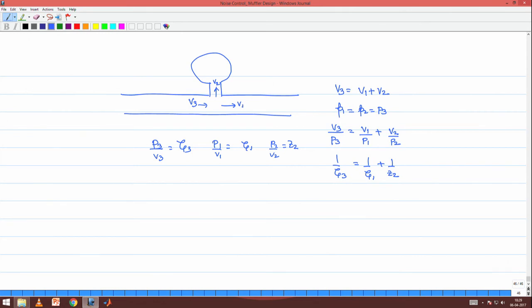In this situation, if you look at what happens upstream of the Helmholtz resonator and what happens downstream of it, you are going to find that V3 is going to get bifurcated or subdivided into two parts, right, and V3, the velocity, stands for the current in our analogy.